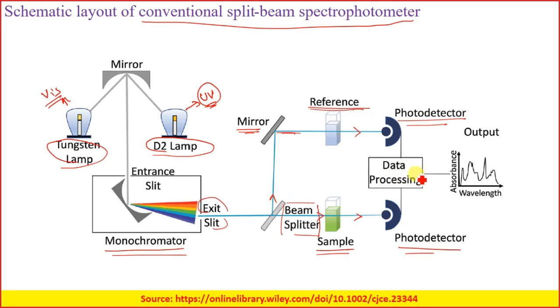In the data processing, the transmitted radiation from the reference, ITR, is subtracted from the transmitted radiation from the sample, ITS, and then you get the wavelength spectrum. So there is basically a differential scanning.